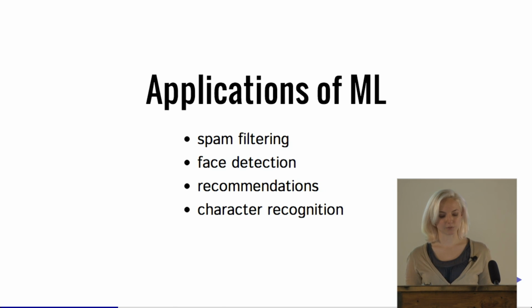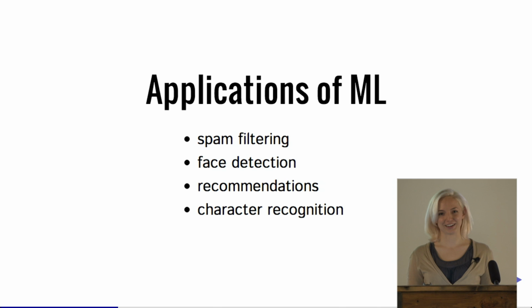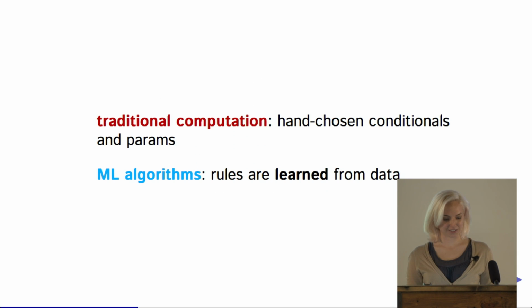And what machine learning algorithms do is they find these if statements for you, and they do this better than you can and with less error. So essentially, machine learning algorithms are like better programmers than you, just for these particular applications. So to sum it up, on the one hand, we have traditional programming, where you choose the conditionals and all the parameters.